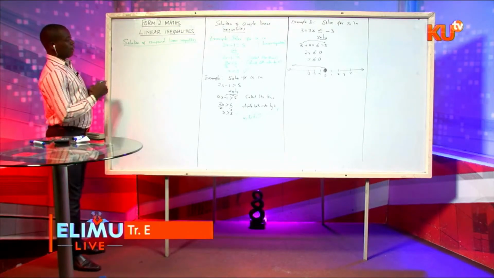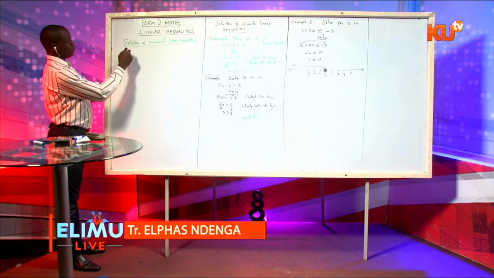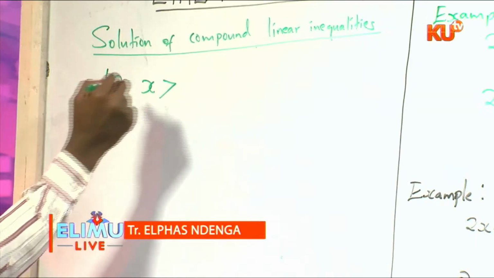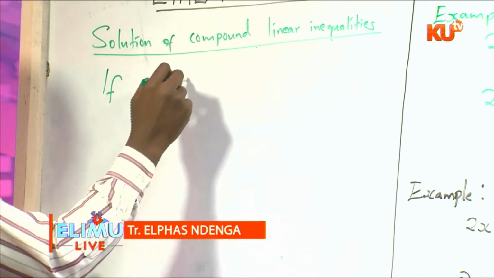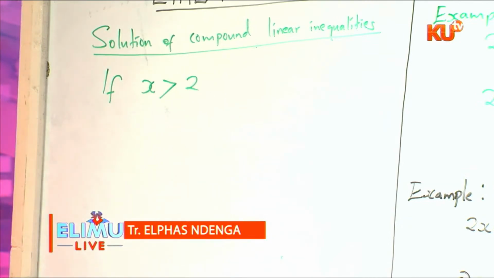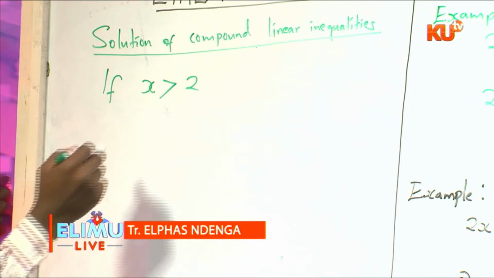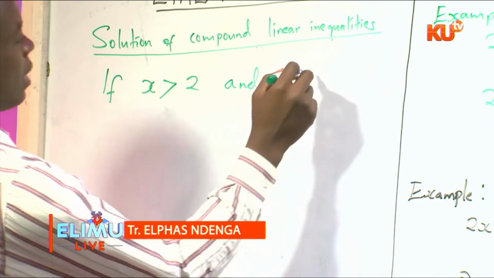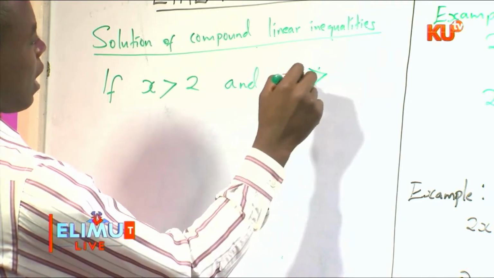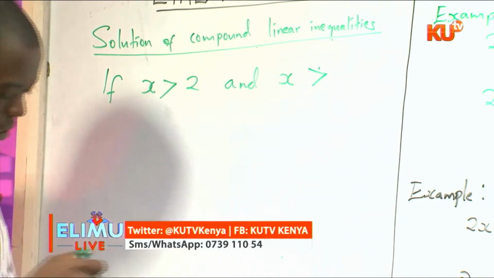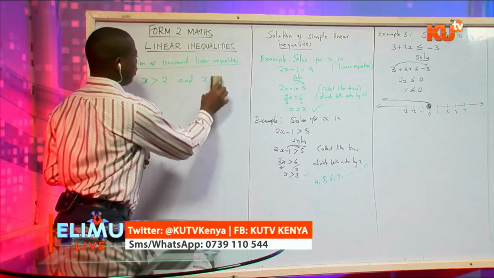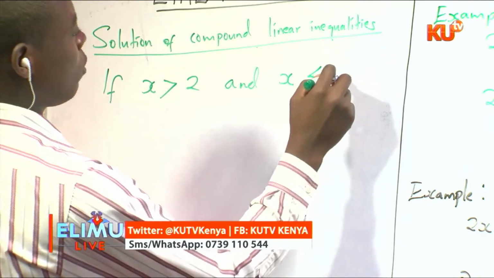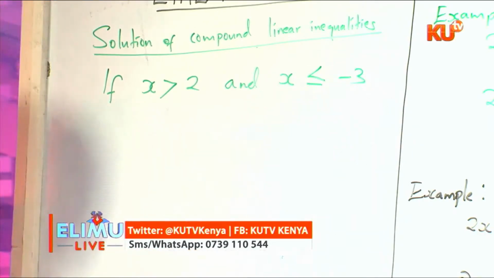If we have a definition of two values of x, so if x is greater than 2, and again x is less than or equal to negative 3.